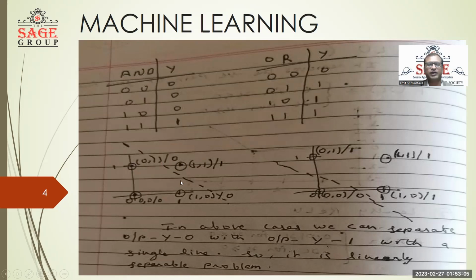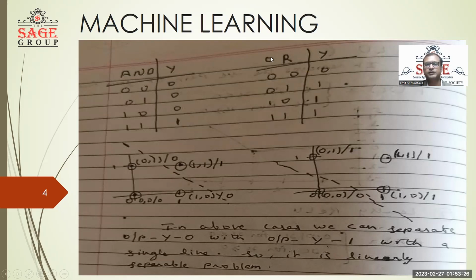Similarly, 1, 1 will be marked here, and 1, 0 with output 0 will be marked here. Now, if I want to separate out these outputs 0 from the output 1, then we can do it like this. This dashed line is separating out these outputs 0 from the output 1. So I can say that this AND gate is also a linearly separable problem.